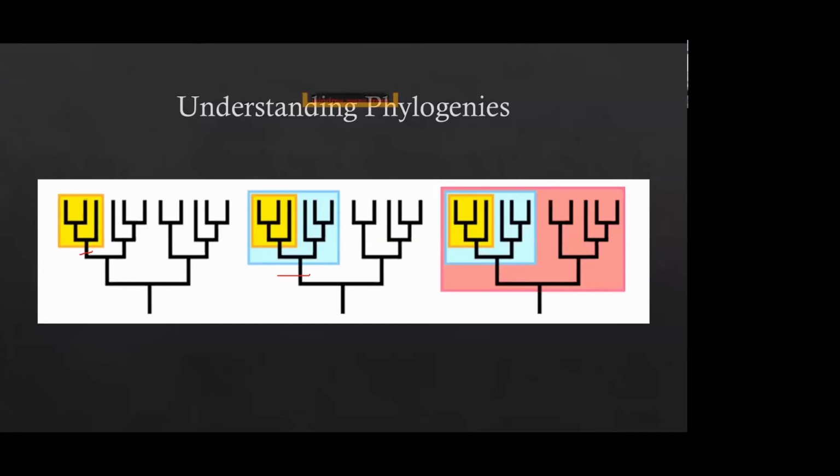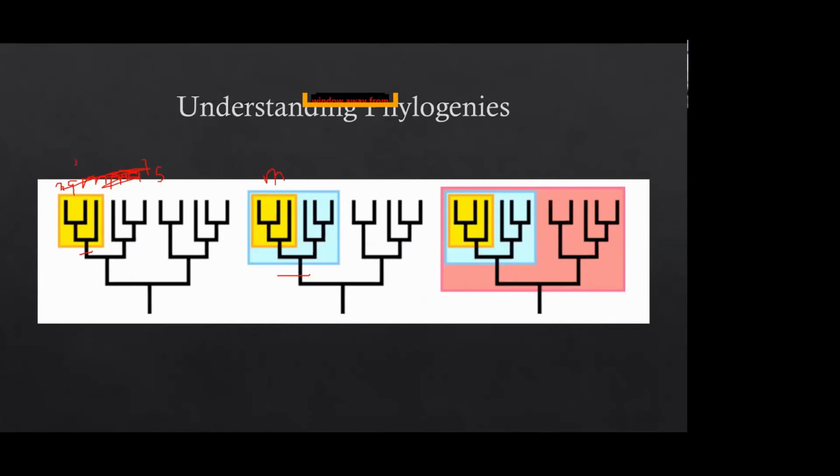Oh, so that's a great discussion point. When we're talking about nested phylogenies, we're not talking about accuracy. This is more of just a broader concept. Hypothetically we could call these, let's say yellow was mammals, or sorry, let's not say mammals.